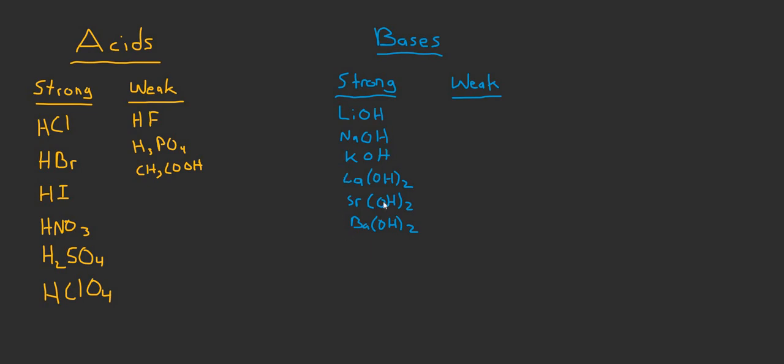And down here, the bottom 3 are from group 2, so calcium, strontium, and barium. And they are forming ionic bonds with the hydroxide ion. Keep in mind, because calcium, strontium, and barium all have a +2 charge, there are 2 hydroxide ions bonded to them because hydroxide has a -1 charge. So you need 2 hydroxides to balance the charge of the calcium, strontium, and barium.